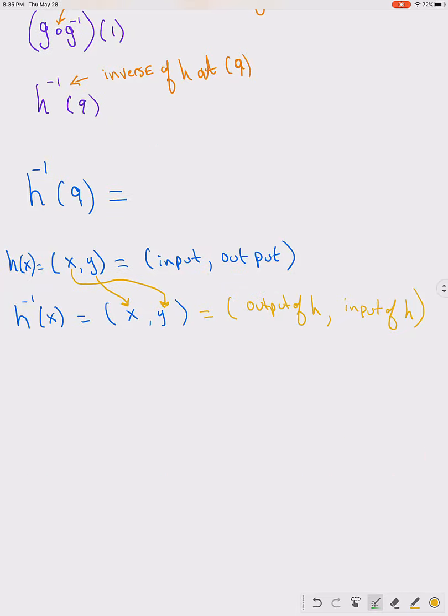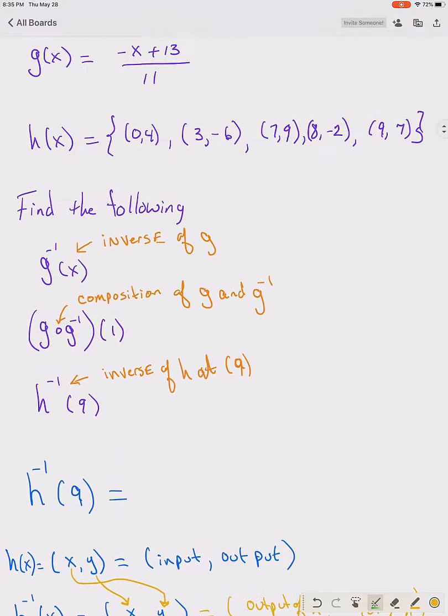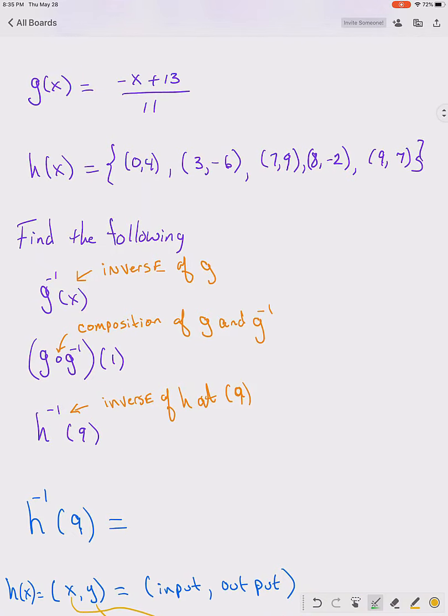So when we're looking up at h, we look at the inverse, so we're looking where the second spot is 9. Because for h inverse of 9, the corresponding number, or the new output, is 7.